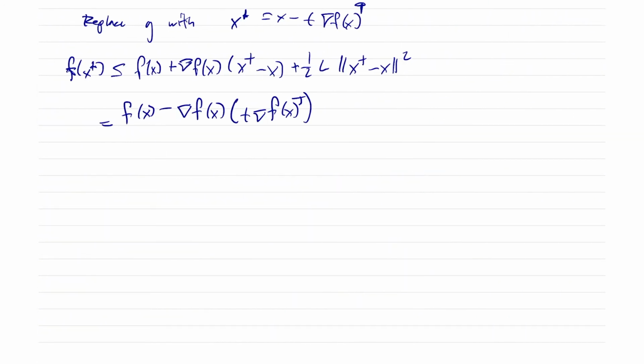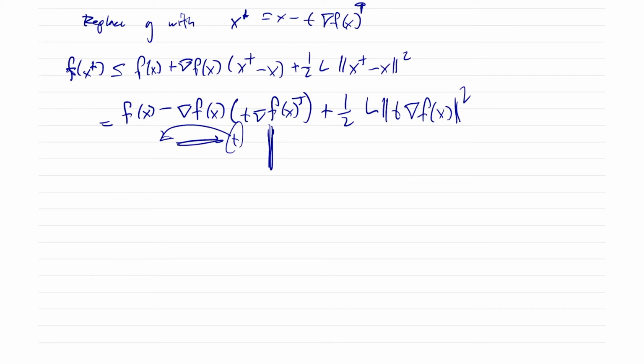So that's what we get there, and then we continue on and we get 1/2 L times the norm of t gradient of f of x squared. Since this is a row vector times a scalar times a column vector, we can move the scalar out, and this is a row vector times a column vector, itself a scalar.